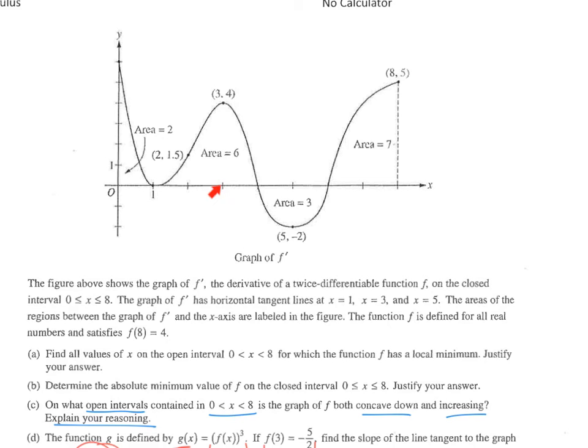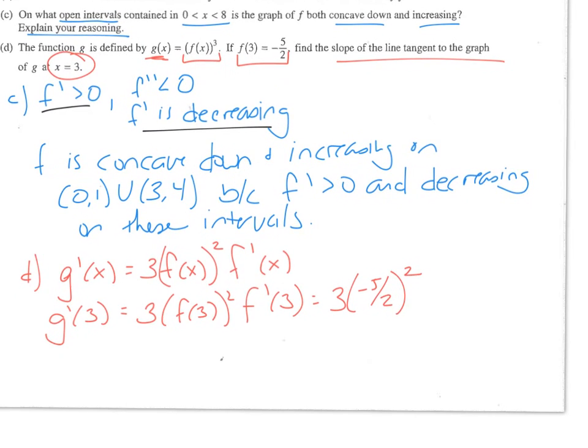Here's f prime. f prime of 3 is equal to 4. So we have 3 times 25 over 4 times 4, which leaves us with 75. So the slope of the line tangent to g at x equals 3 is 75.